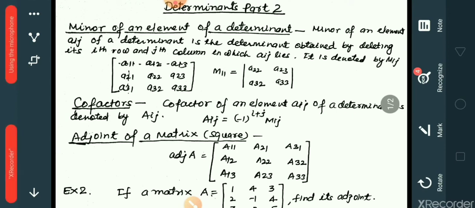So let's begin with the minor of an element of a determinant. So what is a minor? Minor is found with respect to an element. Here it is defined.